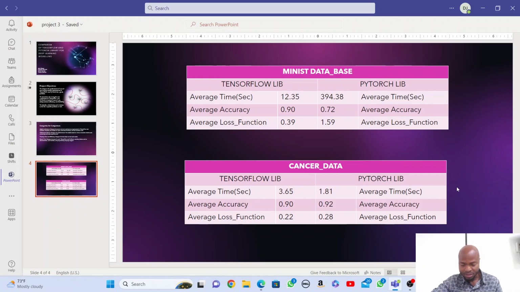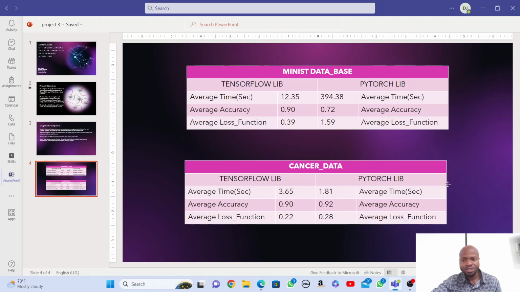Part of the parameters that were selected for both models were the number of epochs as well as the batch size, which were equal, and also the loss function that was used for both models was the stochastic gradient descent function. The parameters that we identified as a comparison for both of them included, like Vandana said earlier, the average time of execution.